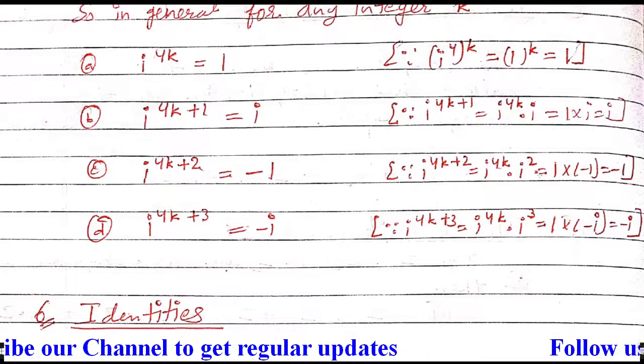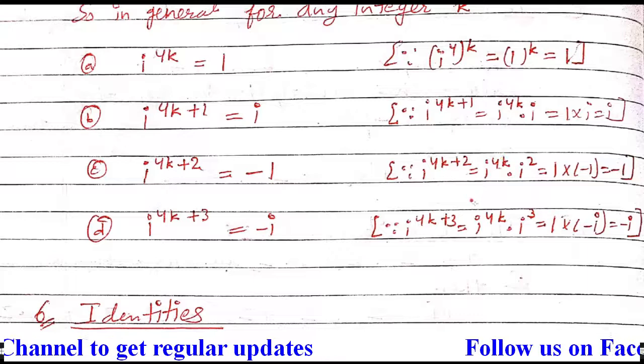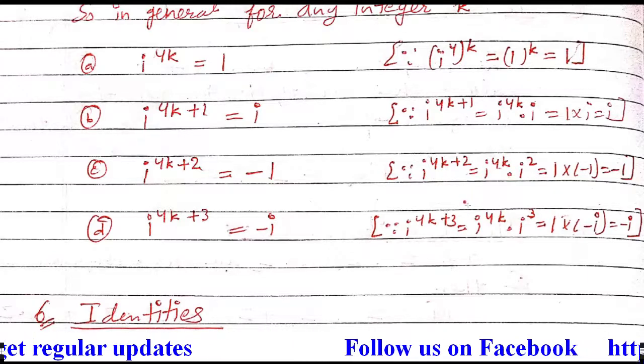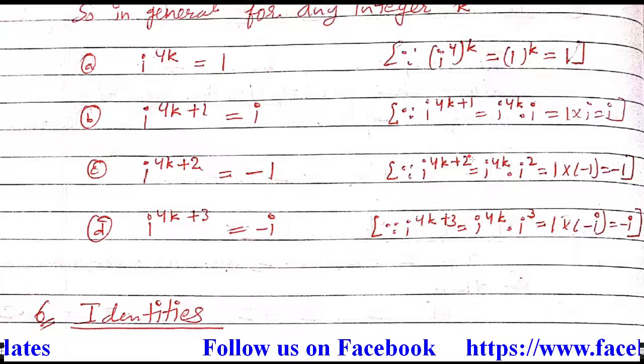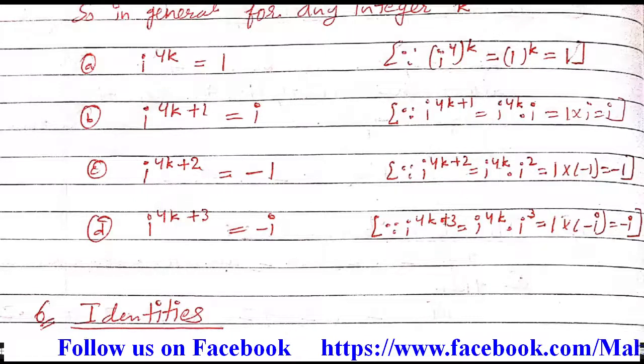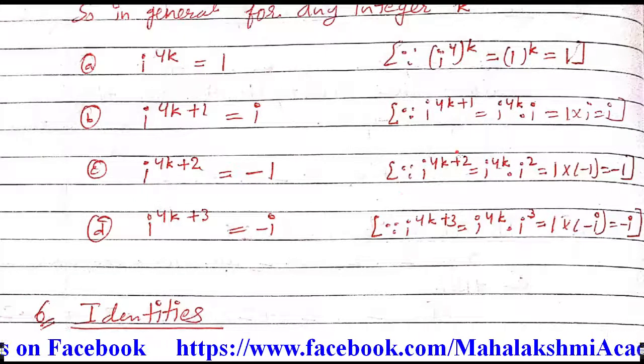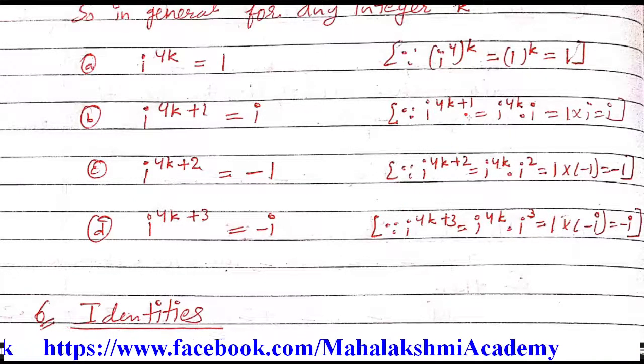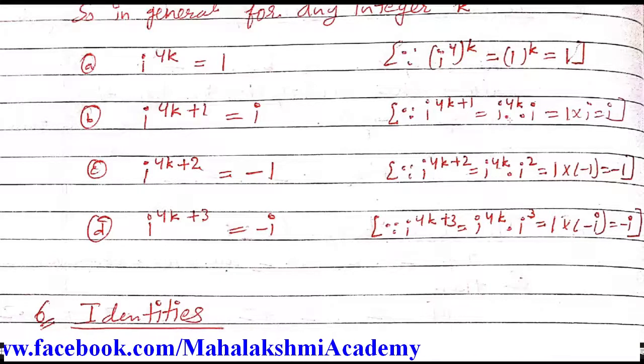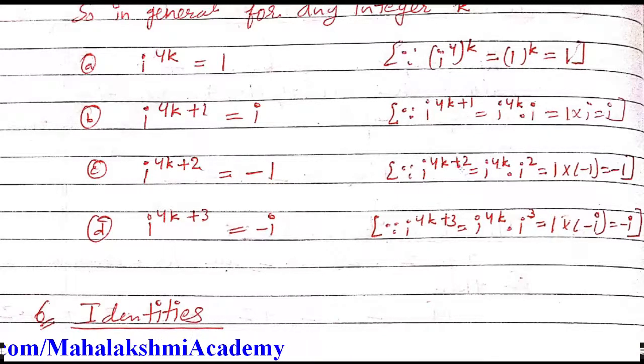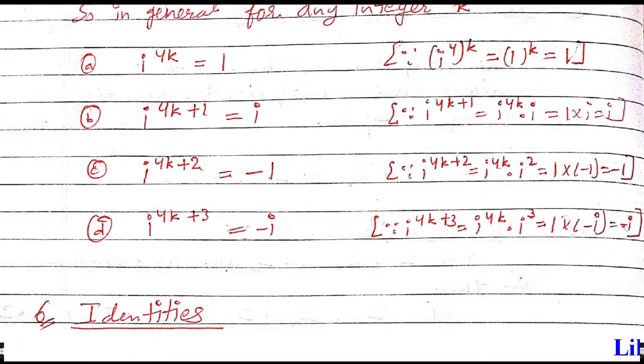So the conclusion is iota power 4k is simply 1 in all cases. We have to focus only on this plus 1, plus 2 and plus 3, because iota power 4k is going to be 1. So if the power is plus 1, then it's going to be iota, and if the power is plus 2, then iota square is minus 1, and if the power is plus 3, then it's going to be minus iota. So like this we have to do.